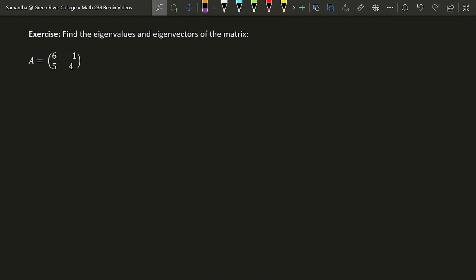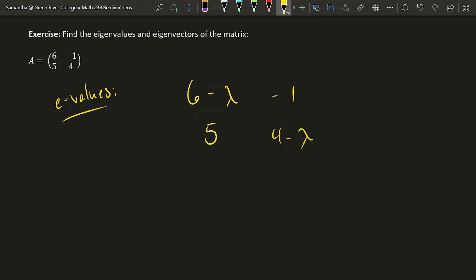Someone says, please find the eigenvalues and the eigenvectors of the following matrix. So I have 6, -1, 5, and 4. I'm going to start by finding the eigenvalues by subtracting an unknown number from the diagonal entries and taking the determinant.